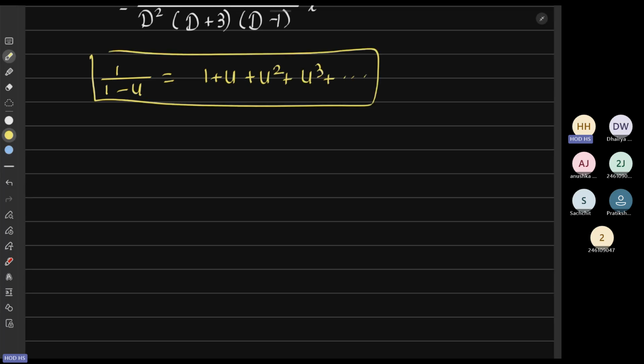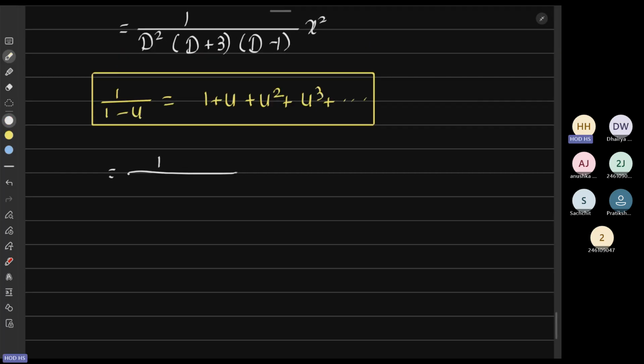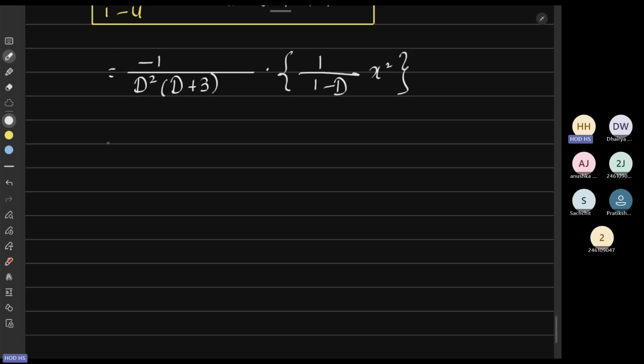So I'll be using this rule. So this can be written as, I will take this negative outside, −1 upon D²(3 + D) times 1 upon (1 − D) of x². Okay. Now −1 upon D²(3 + D) is as it is.